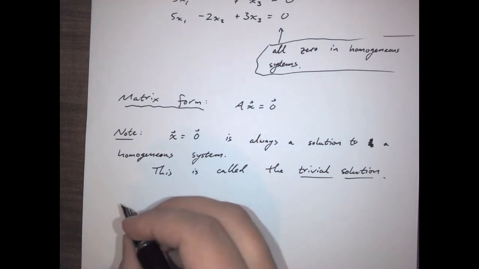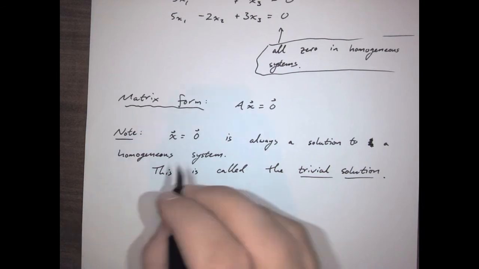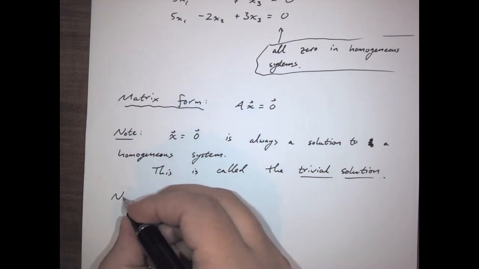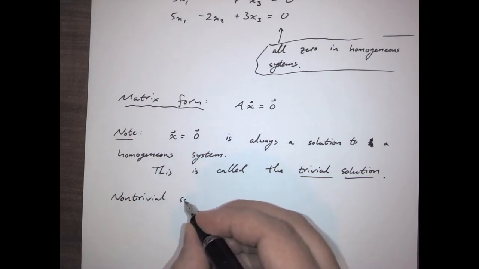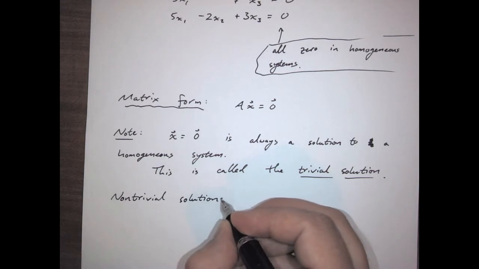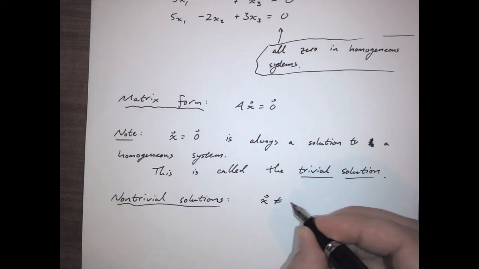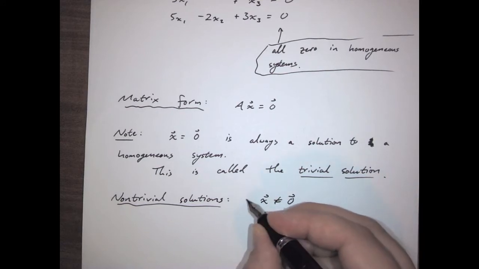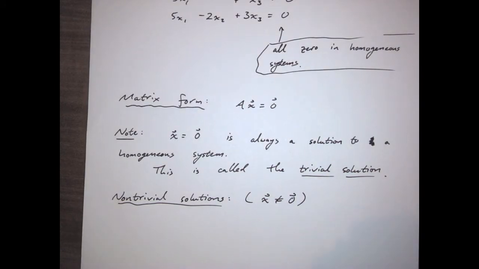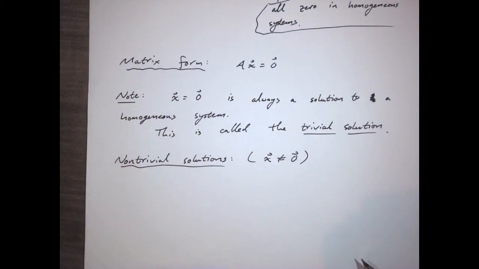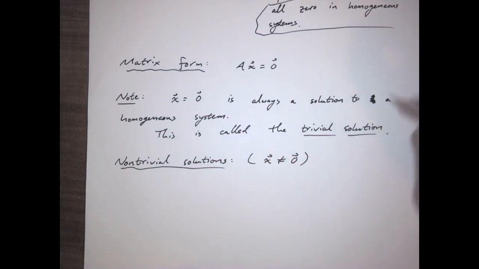Now, as for non-trivial solutions, let's get a little bit more meat on its bones. So non-trivial solutions are where x does not just equal the 0 vector; it equals something else. Now this is more interesting, hence the name. So what would it take for there even to be such a thing as a non-trivial solution?